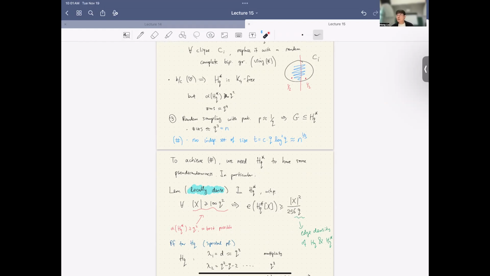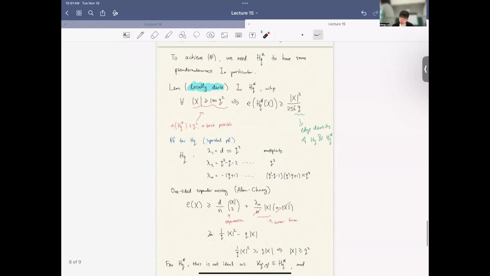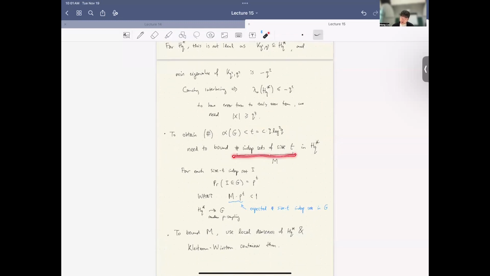It doesn't have too many large independent sets. By large I mean size T, let's call this number M, then you sample vertices with probability P. Each independent set of size T is retained with probability P to the T. We just need this expectation, M times this probability, to be less than 1 to achieve a graph with small independence number. Okay?